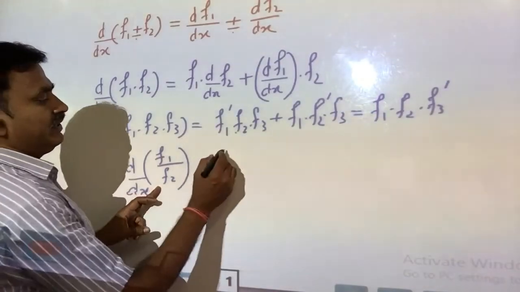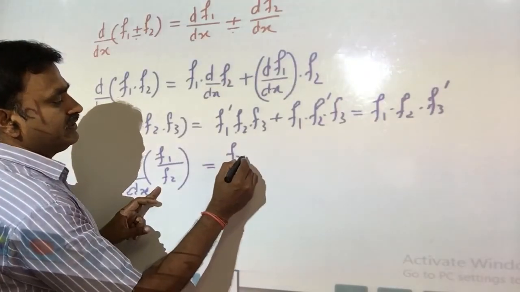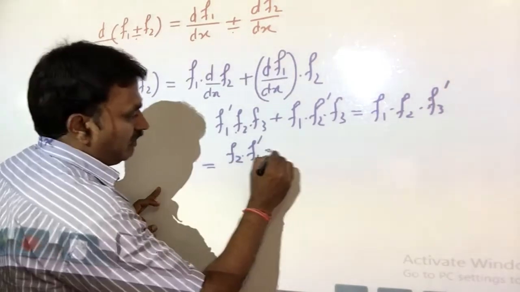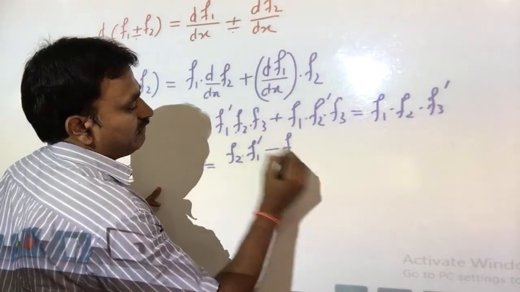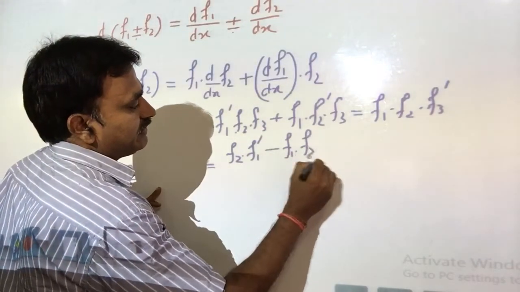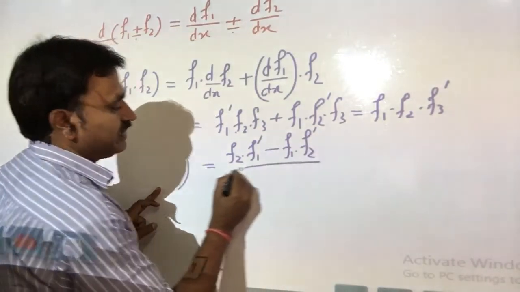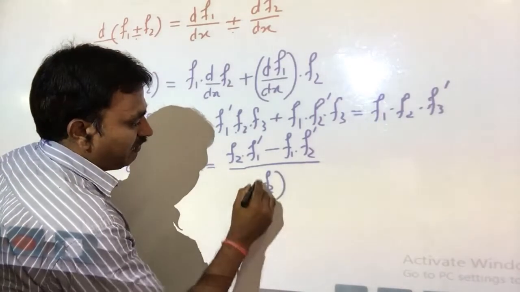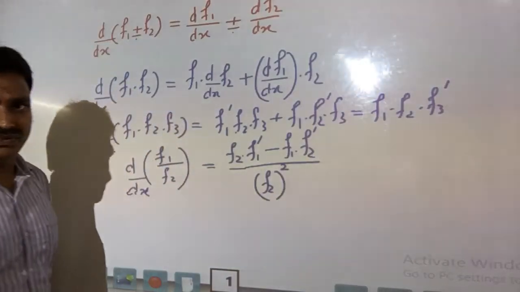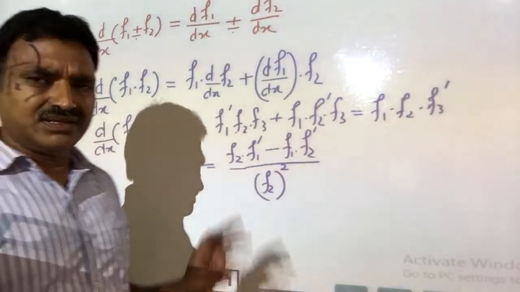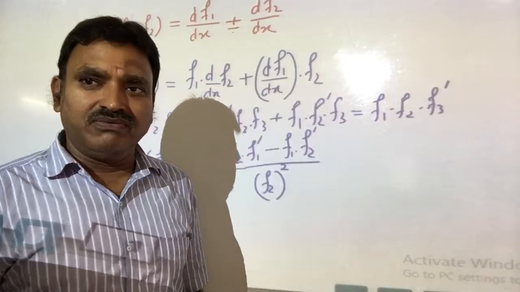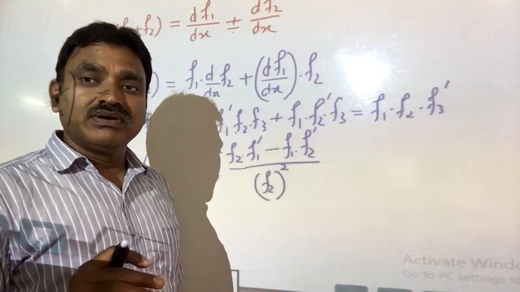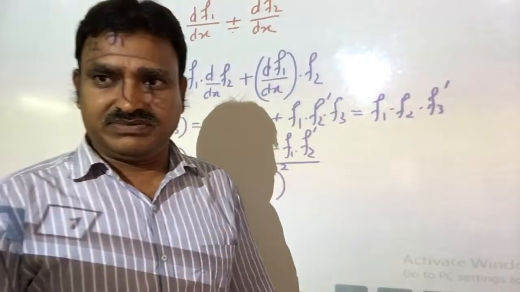So always remember it: the denominator first into the differentiation of the numerator function, minus the numerator function as it is into the differentiation of the denominator function, divided by the square of the function which is in the denominator. This is the formula for finding the differentiation of division of two functions.